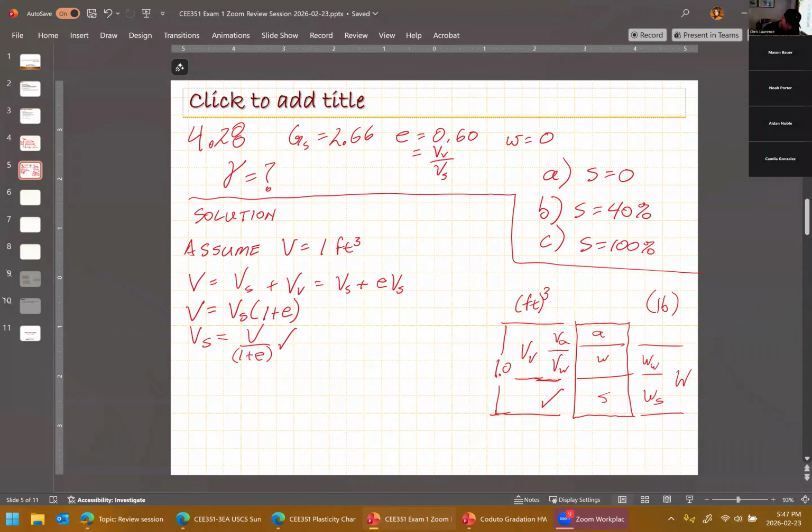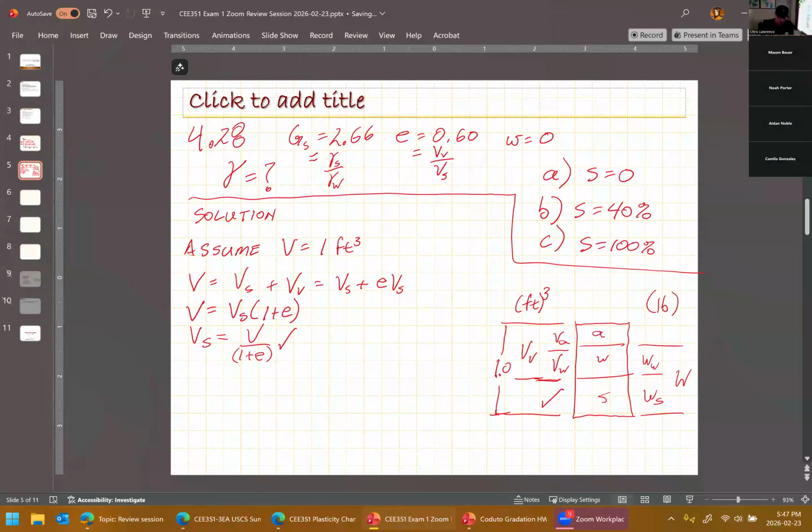So now I started with V. I assumed that because I was able to. Now I calculated VS. Well, what else might I want? Oh, wait a second. GS is also equal to gamma S over gamma W, right?